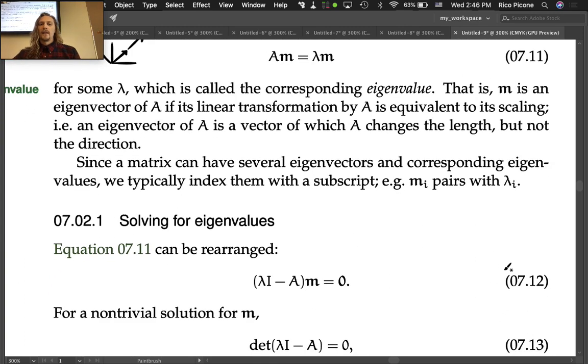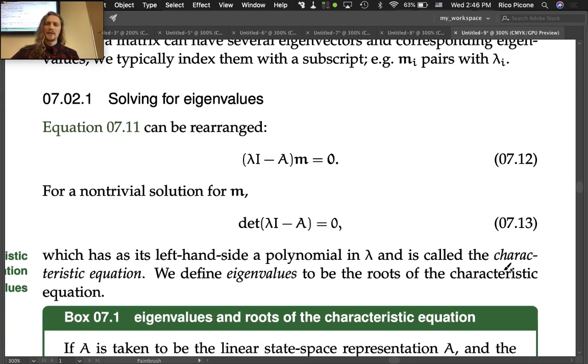Okay. So solving for eigenvalues. This is something that we should all be familiar with, but it's good to review a little bit. So 7.11 can be rearranged so that we subtract λm from both sides and factor out m, where I is the identity matrix of the same size as A, and we have this result.